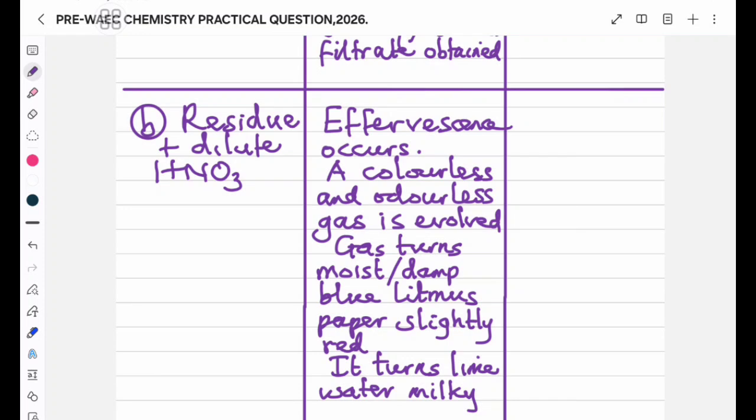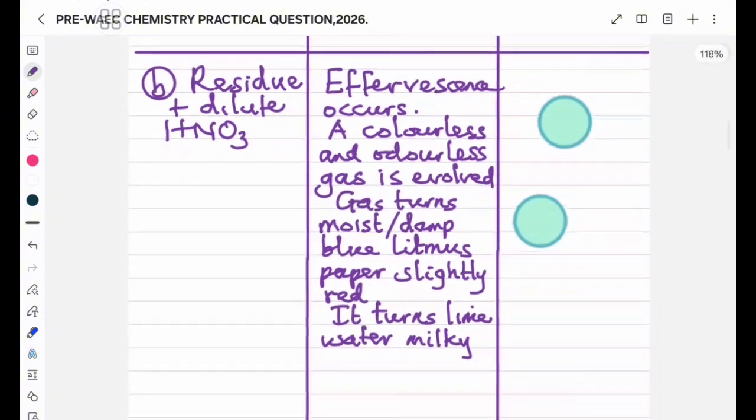You will see that the glass rod looks whitish. That's the simplest way of carrying out lime water tests on the gas. There's another way you can do it, but that may be too complicated, especially under exam conditions. So any gas that turns lime water milky is no other gas than carbon dioxide, CO2.